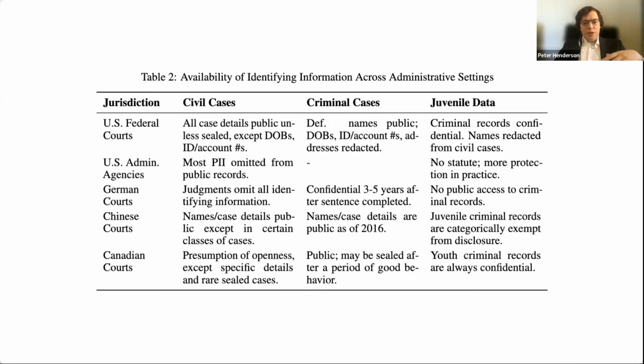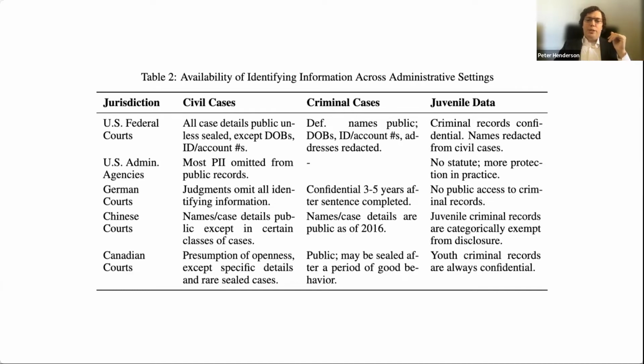And then everything beyond that is contextualized. There are different ceiling standards, both in the US and in Canada. But Germany takes a very different approach. They redact all identifying information, all names. And so really this can be a jurisdiction by jurisdiction perspective. And we have a number of these in the data set that I'm about to tell you about.